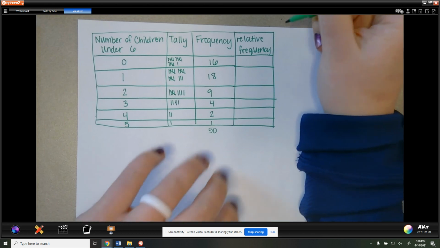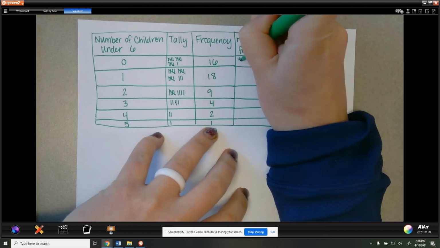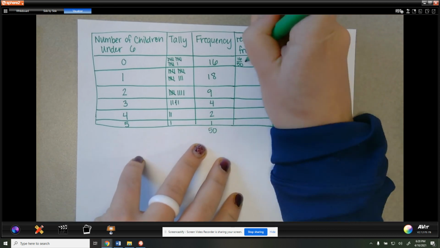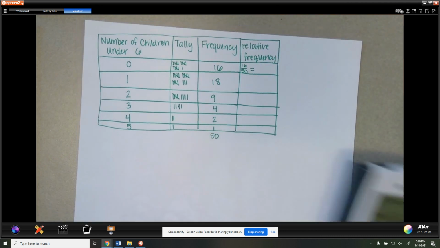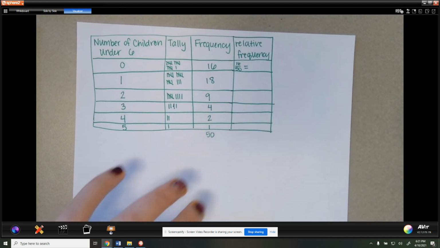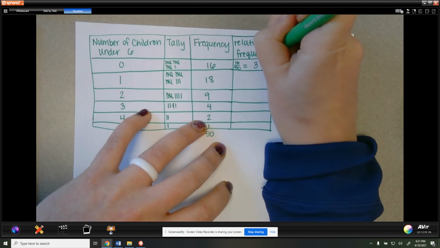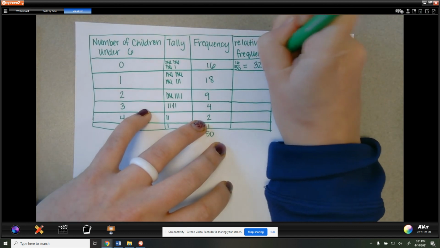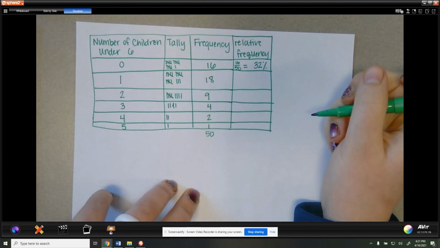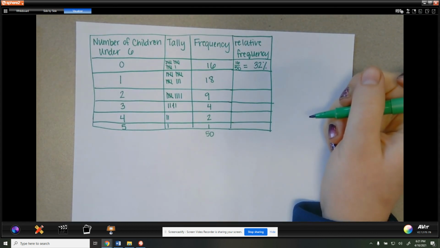So for this first one, 16 of the employees out of 50 have no children under the age of 6. So I would do 16 divided by 50. And so that would be 0.32 or 32% for our relative frequency. This is a percent. All right, so 32% of the people don't have any children under the age of 6.